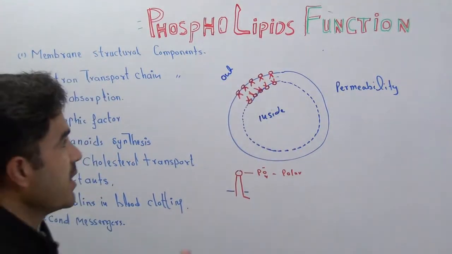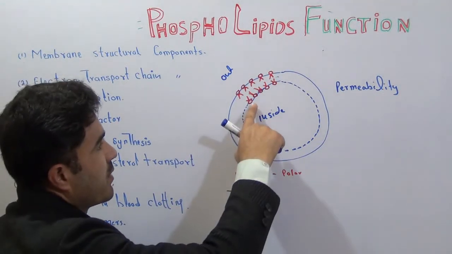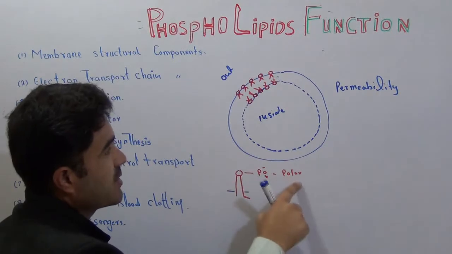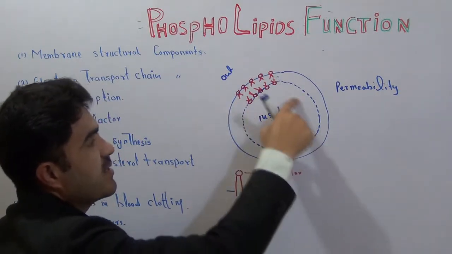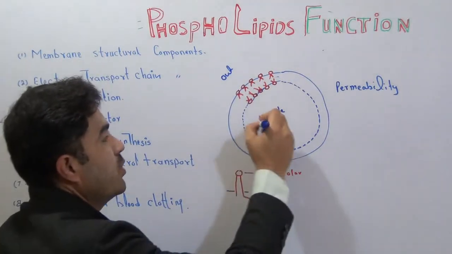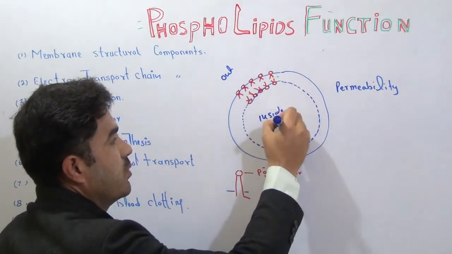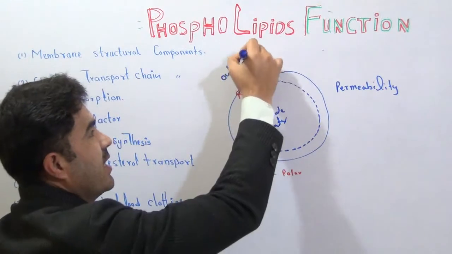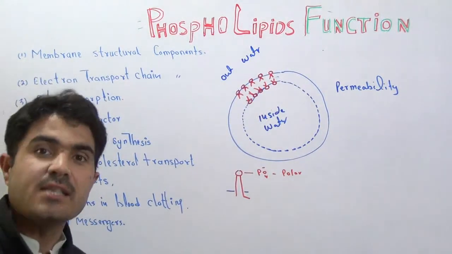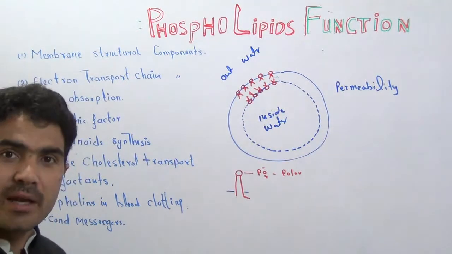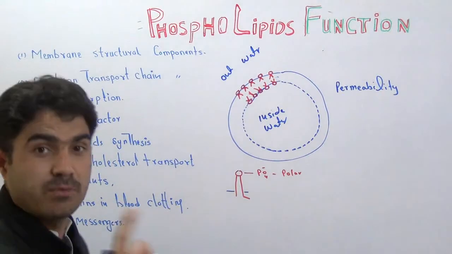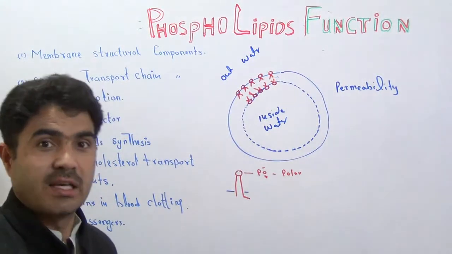If you see here the phospholipid head region, the polar side, it is facing the inside of the cell and the outside of the cell, because you will find water inside the cell and you will also find water outside the cell. Water is a polar molecule, so water will interact with the phospholipid, and that is so interesting.